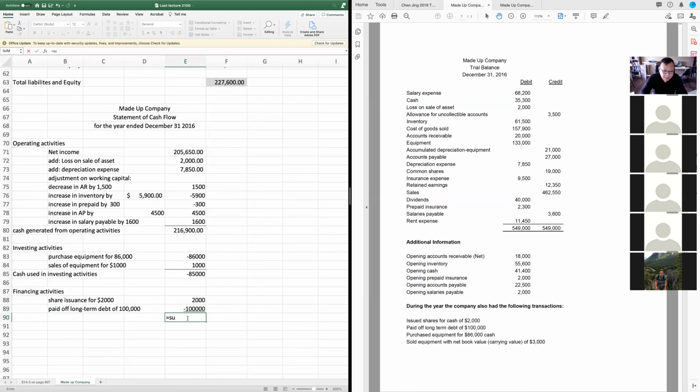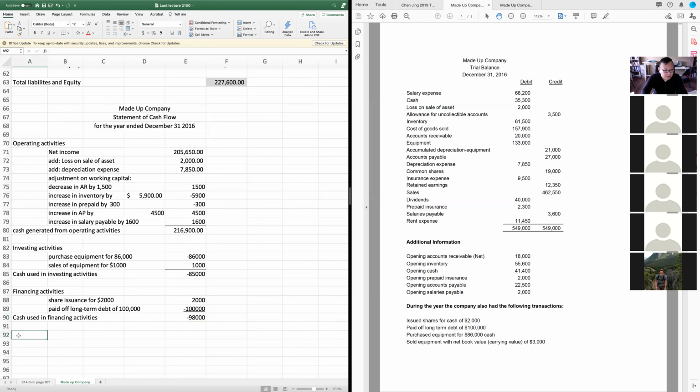So together, cash used in financing activities is 98,000.